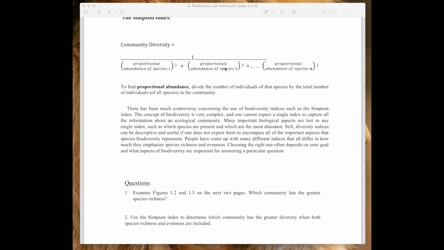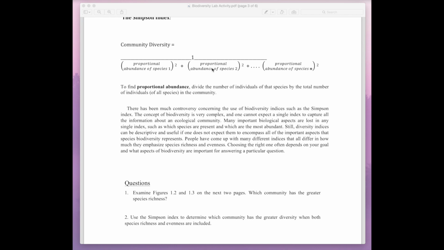So we go on and do that for each species in the community, and that gives us our denominator value. We add all these squared proportional abundances together. That gives us our denominator, and then we divide the denominator into 1. So you can see that the calculations are really pretty simple, and your calculator does all the work for you.